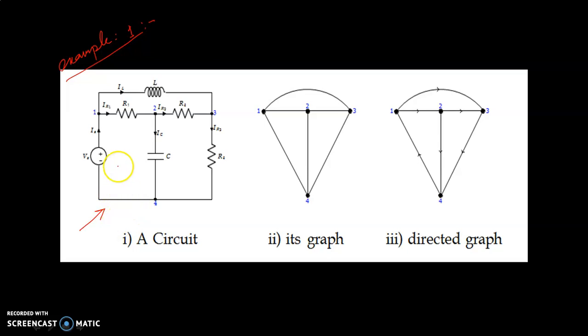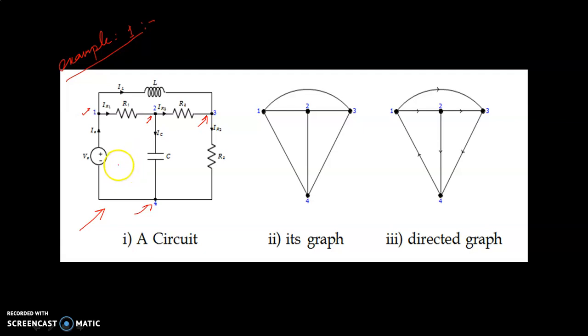This blue numbered is your node 1, 2, 3 and 4. These are nodes, and these nodes are connected with each other. All the nodes are connected with each other with the given elements.